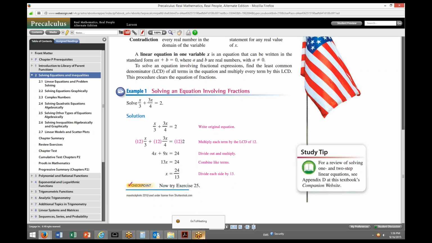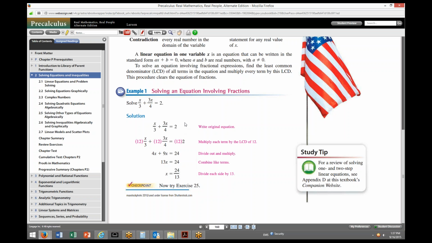And of course, we could check our answer by inputting 24/13 into the original equation with x over 3 and 3x over 4. Plug in 24/13 for x. And if we did that, this would prove itself to be an actual equation.